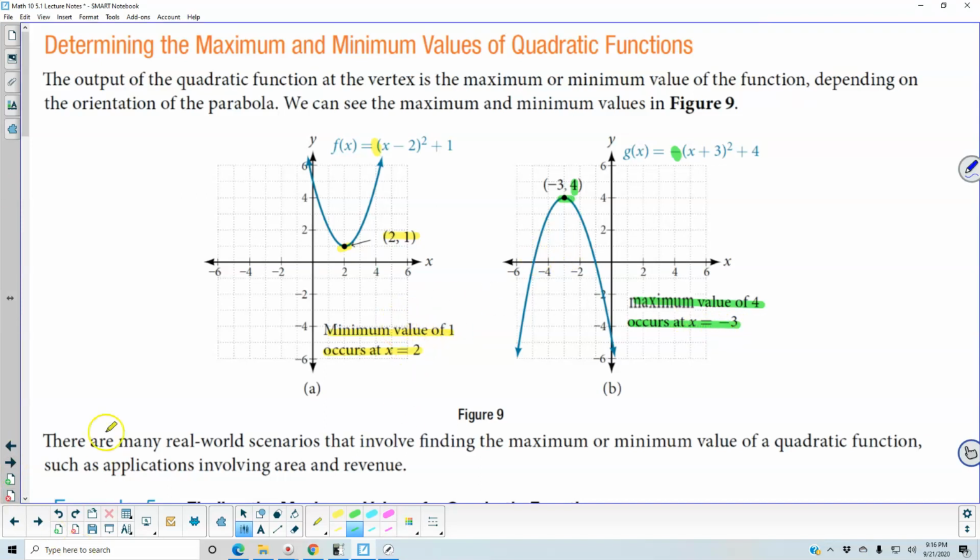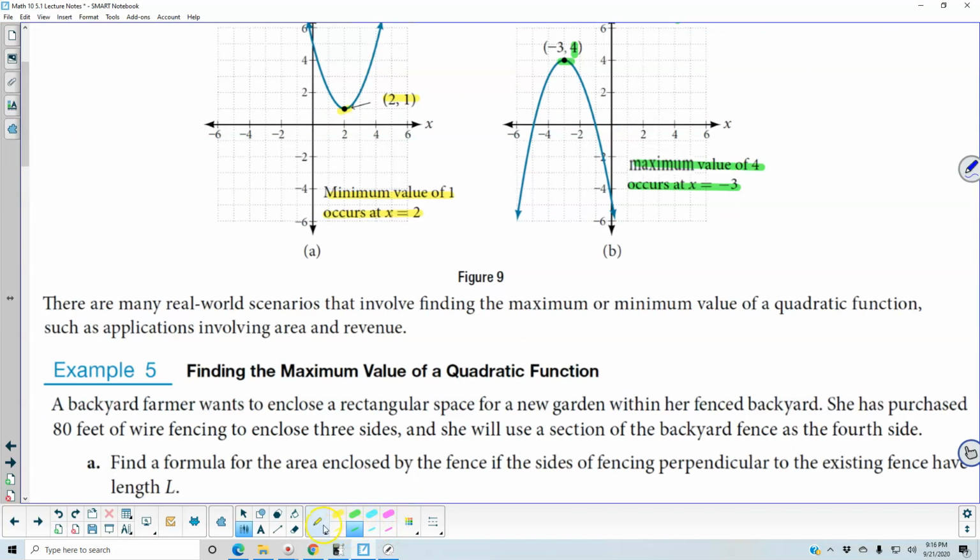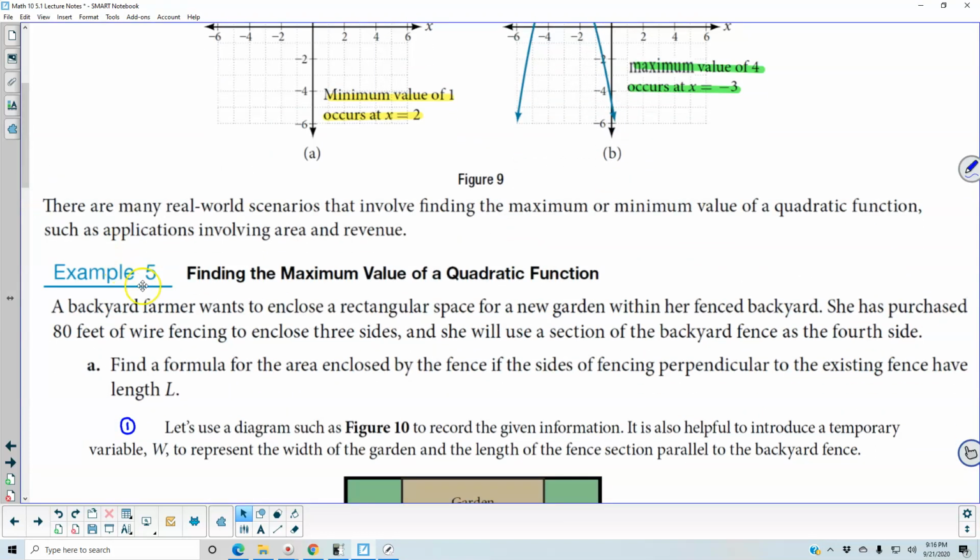Now, there are many real-world scenarios that involve finding the maximum or minimum value of a quadratic function, such as applications involving area and revenue. So for example 5, we're finding the maximum value of a quadratic function. A backyard farmer wants to enclose a rectangular space for a new garden within her fenced backyard.